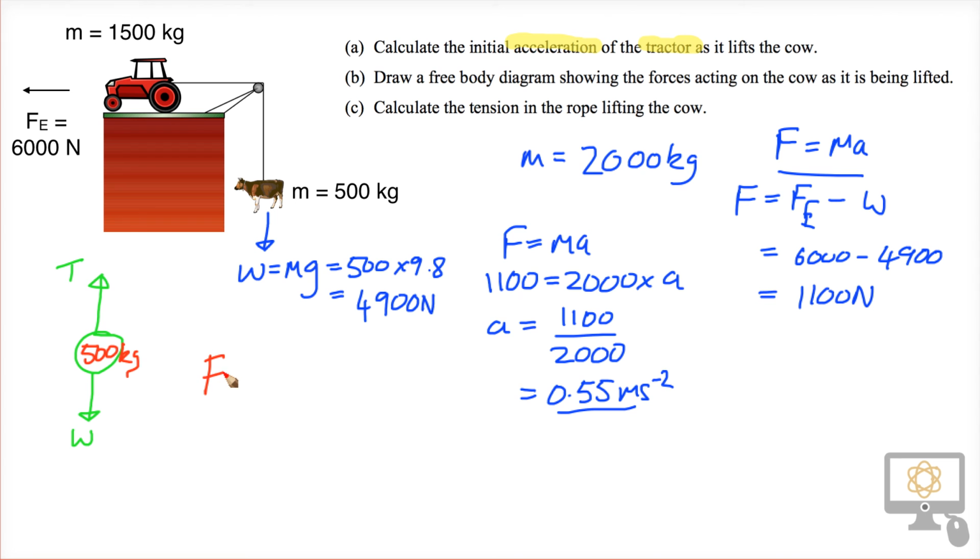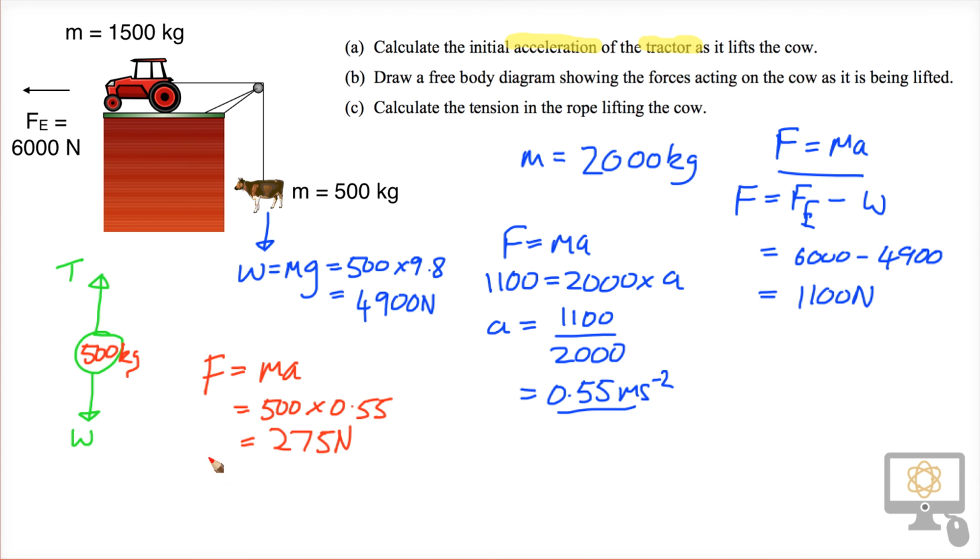So we can figure out the unbalanced force required to lift the cow. It's the mass times the acceleration, which is 500 times 0.55. So I'll just do that on the calculator now. And my calculator says 275 newtons. So that's the unbalanced force on the cow.